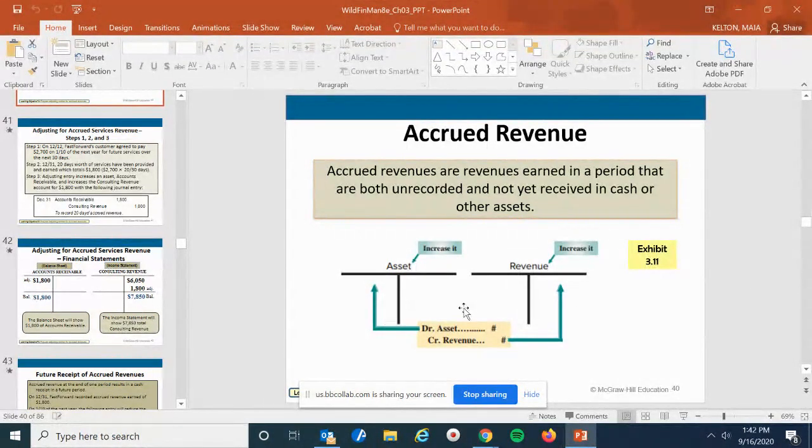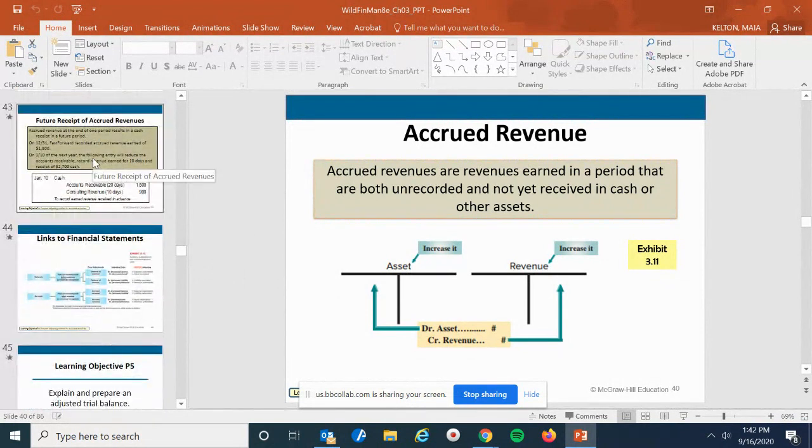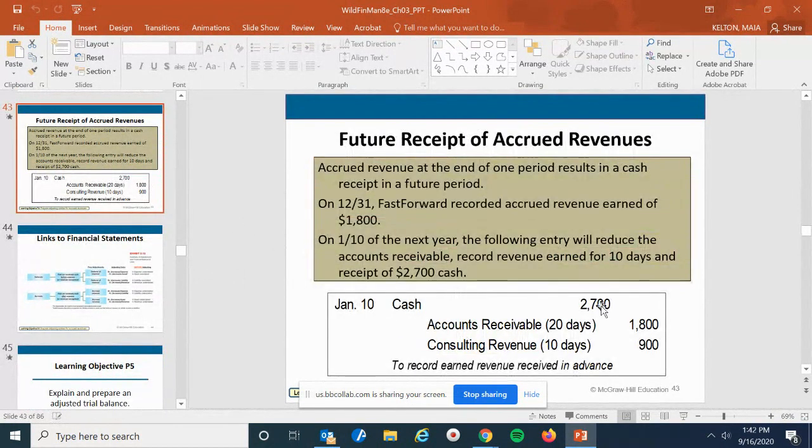So earlier I said you guys know how to do this journal entry, because if you have a revenue that's not recorded or received in cash, you know that you have to debit accounts receivable and credit revenue. At some point in the future, when the company collects cash, then cash would be debited and accounts receivable will be credited, as well as whatever other revenue account we use.